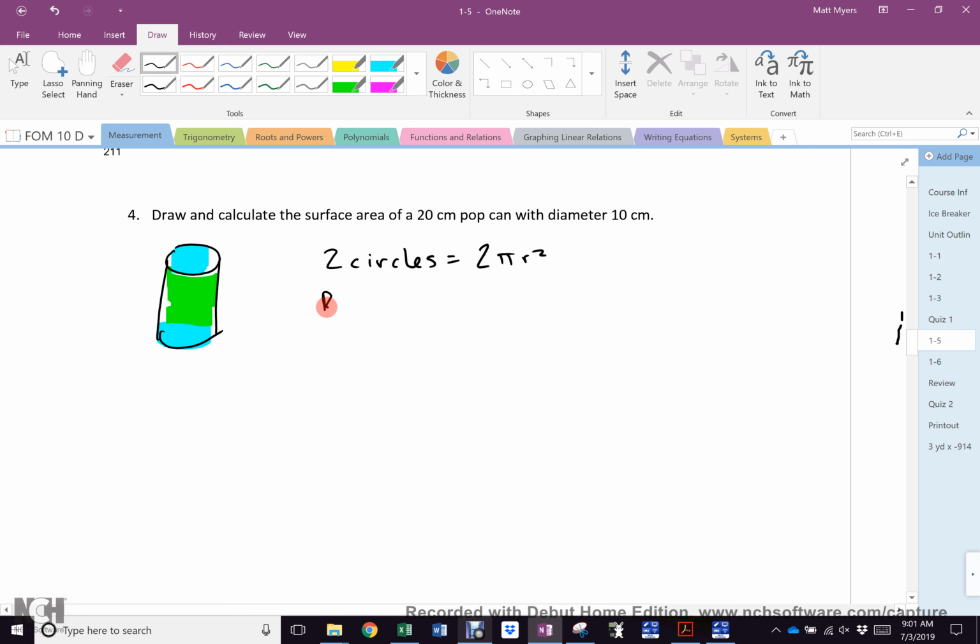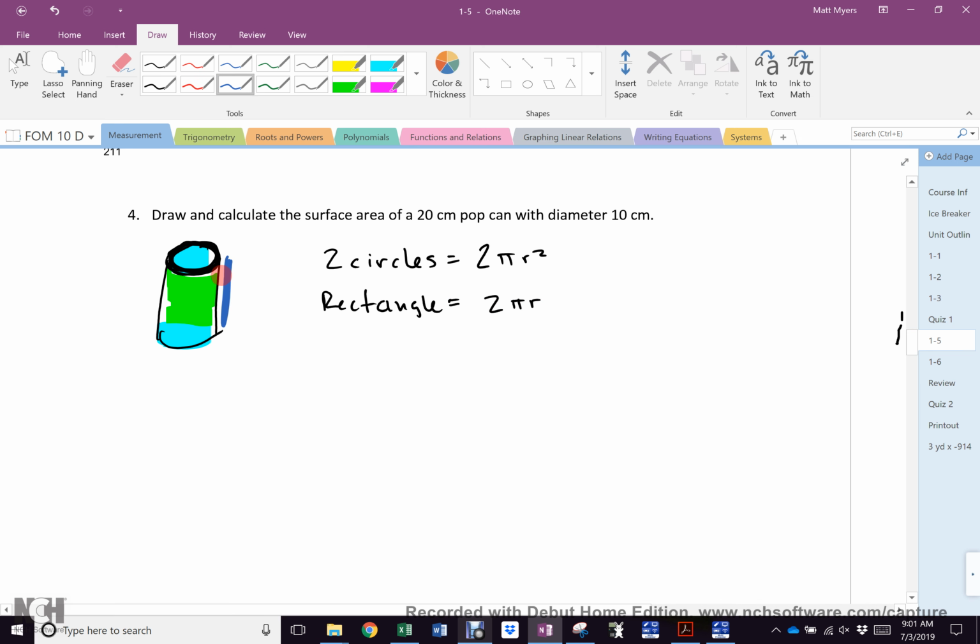Well, isn't the rectangle's length all the way around the circle? Isn't it? So all the way around a circle is 2 pi r, because it's pi times the diameter. That will get me this distance, but then I need this distance, yes?